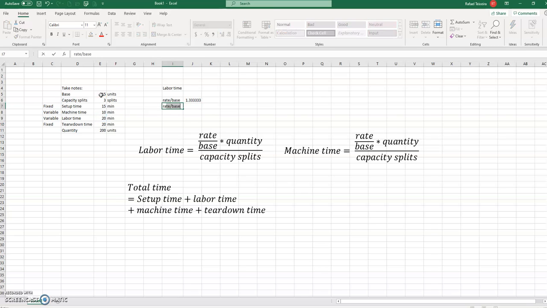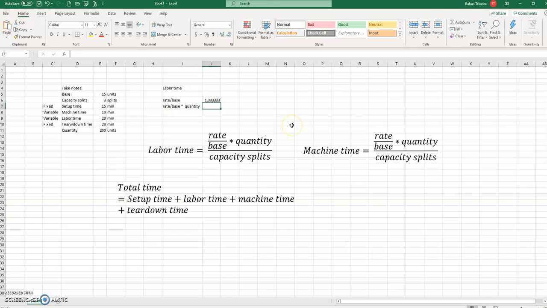Now I'm going to multiply rate over base by the quantity. I did this first, now I'm doing this. So if I do the rate divided by base multiplied by the quantity, this is 266.67 units.